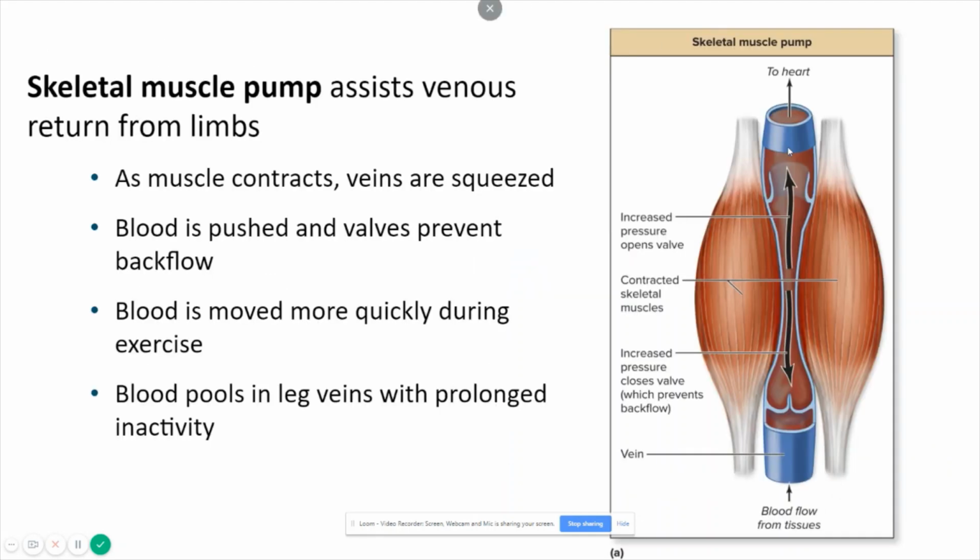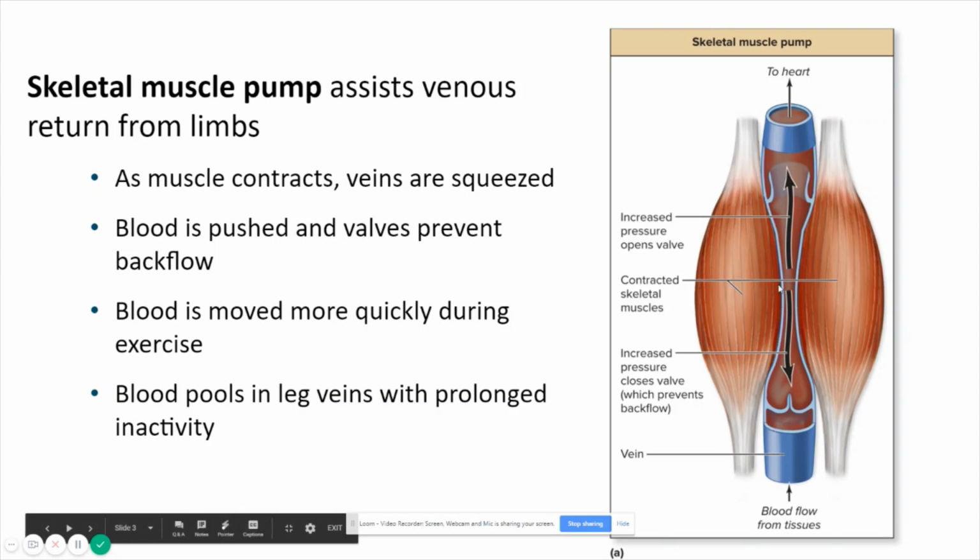And that skeletal muscle pump is something that happens in all of your skeletal muscles. Remember, your larger veins have valves in them that are similar to the valves of the heart. And these valves allow blood to go only in one direction, which is towards the heart. Whenever your skeletal muscles contract, they increase the pressure inside of your veins, and this causes blood to move inside of the vein.